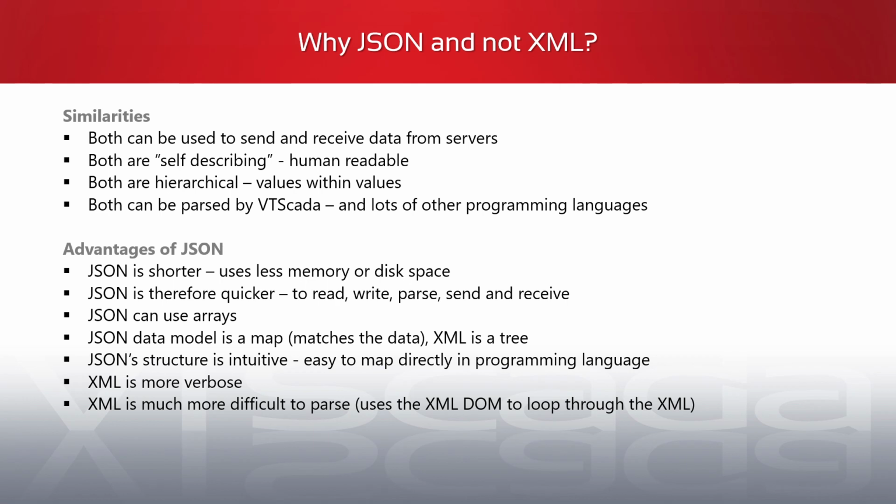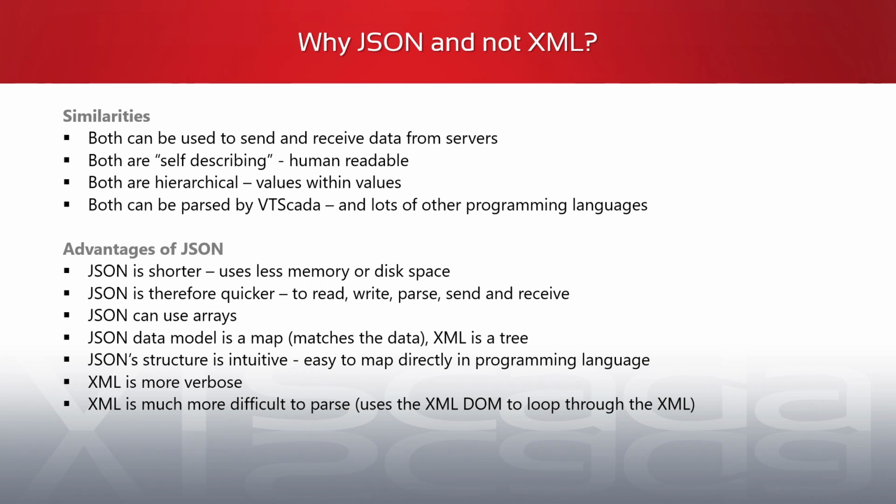JSON can use arrays, something that XML can't without having to go into detailed structure development. The JSON data model is a map, so that means it matches exactly the objects that you have in memory, whereas XML is very much based around a tree hierarchical structure.